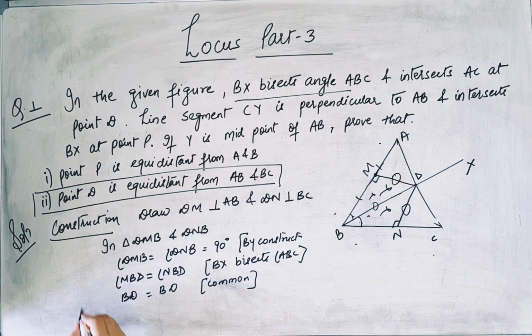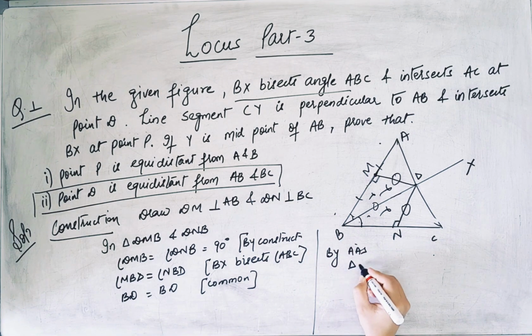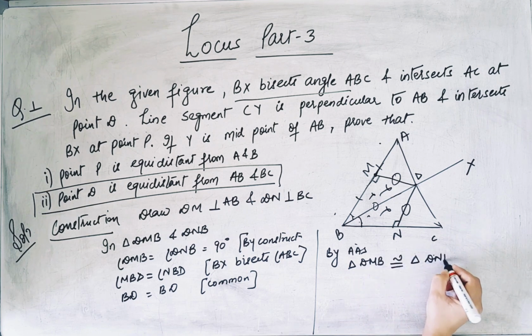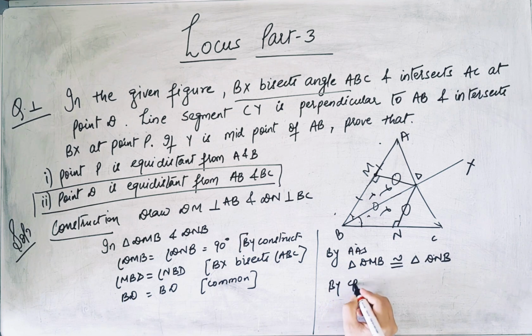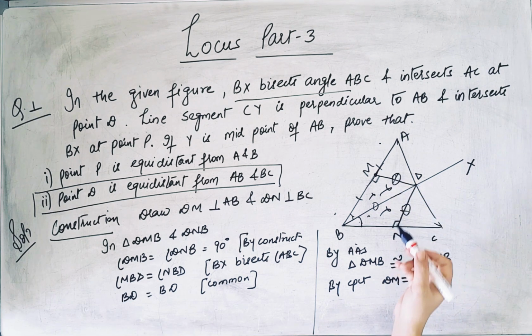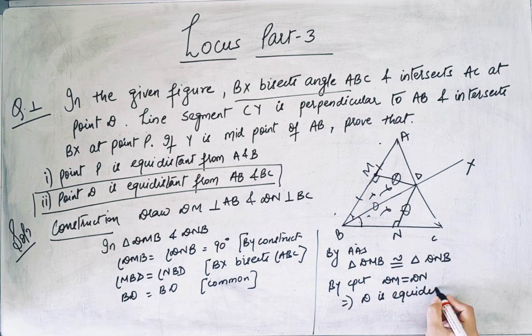So we can say by AAS, triangle DMB is congruent to triangle DNB. By CPCT, DM is equal to DN. If DM and DN are equal, that means D is equidistant from AB and BC. This implies that D is equidistant from arms AB and BC.